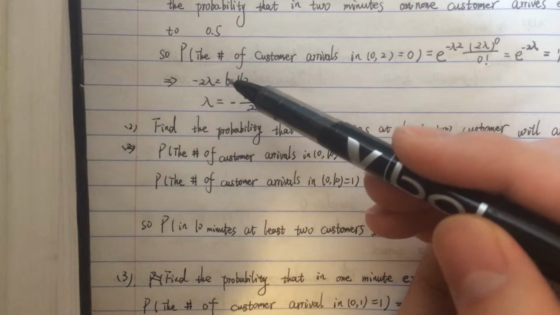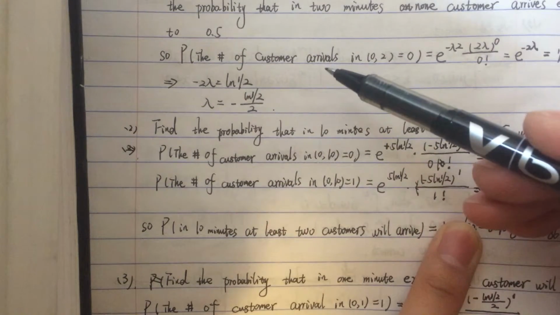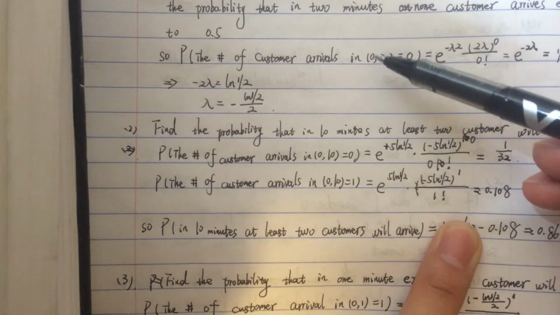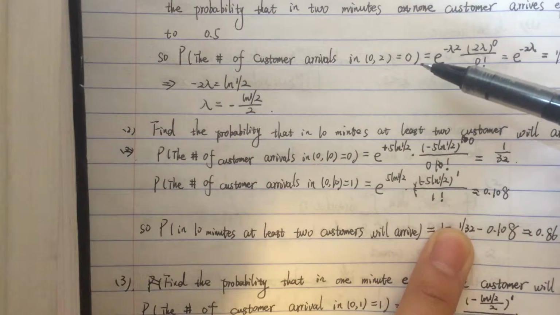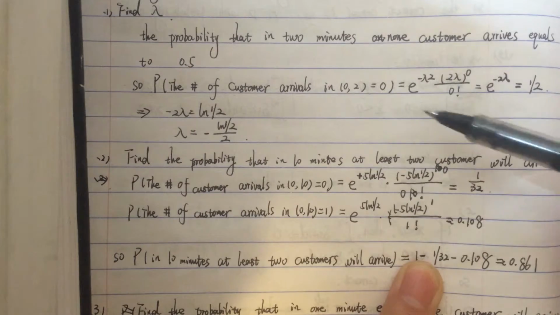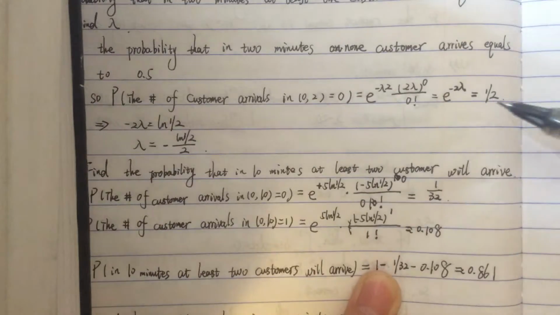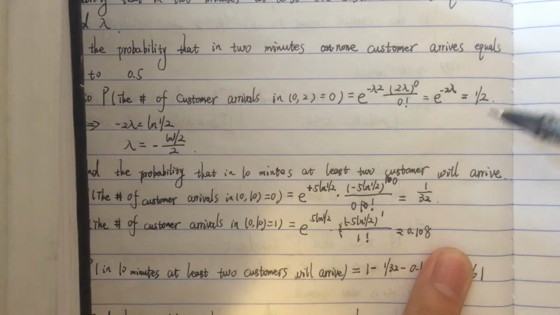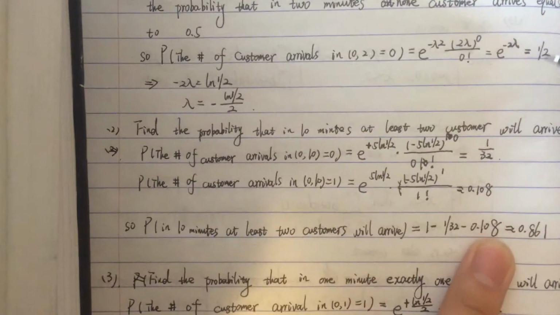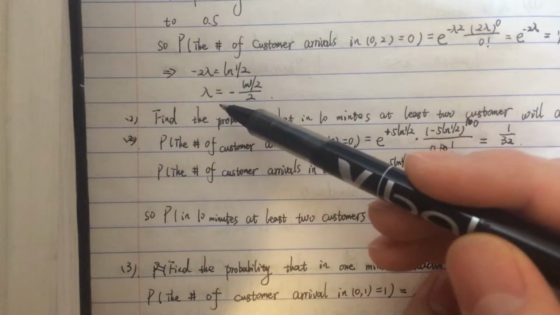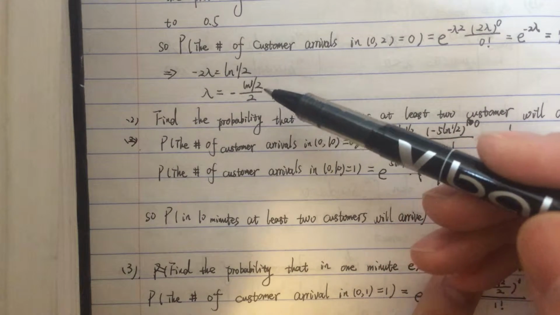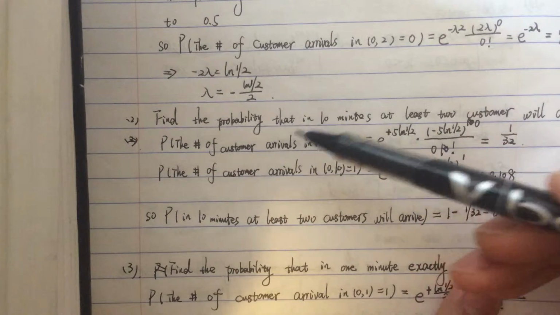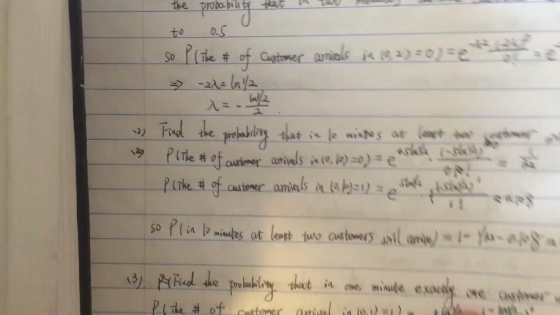So the probability that the number of customers arrived in 2 minutes equals 0 is like this, and it's equal to 1 over 2. And after calculation, we get that lambda equals minus ln 1 over 2, over 2.